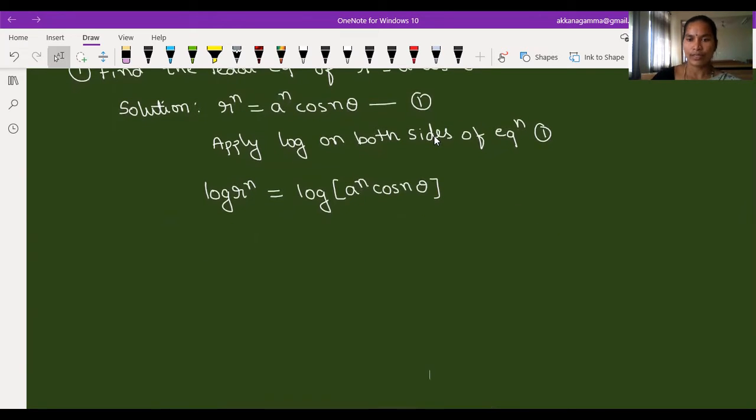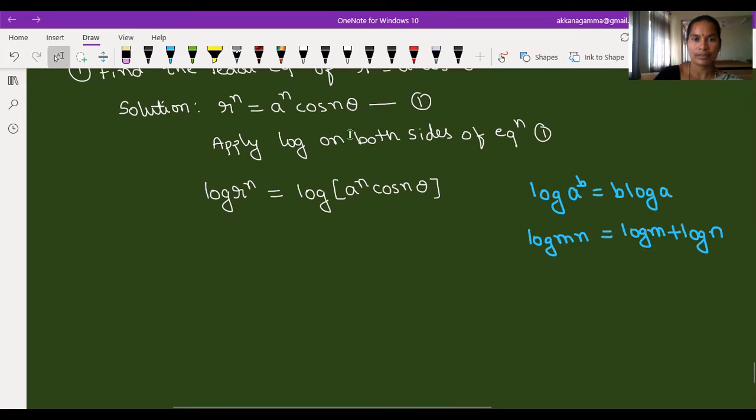We know that log of a to the power b can be rewritten as b into log a, and log of m into n can be written as log of m plus log of n. With the help of this we can simplify the given equation.